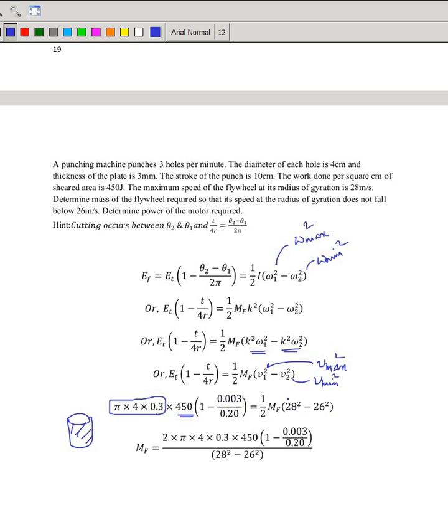This equals half m f, with 28 squared minus 26 squared, and from here you find out the mass of the flywheel. So we stop here, and here we come to an end of this course.